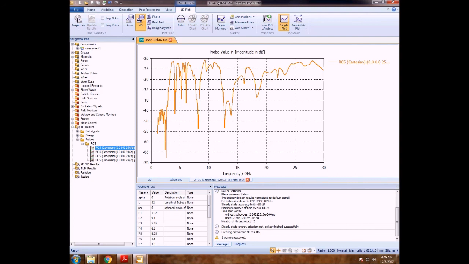The fifth one is at 5.5 and its value is minus 39, and the last one is at 7.8 gigahertz and its value is minus 54 dB.